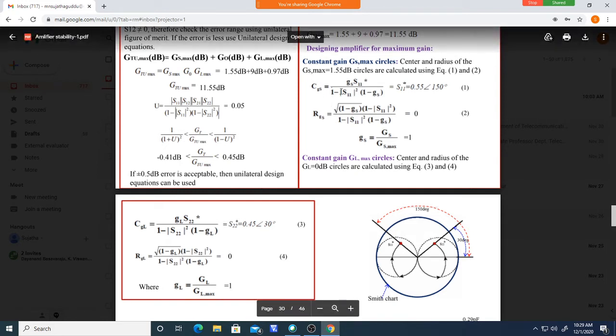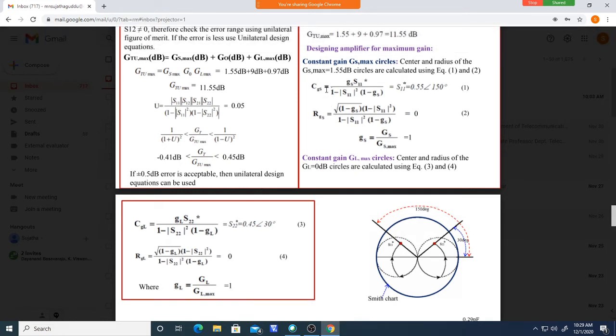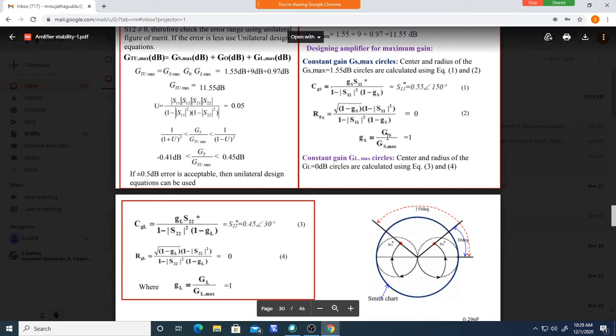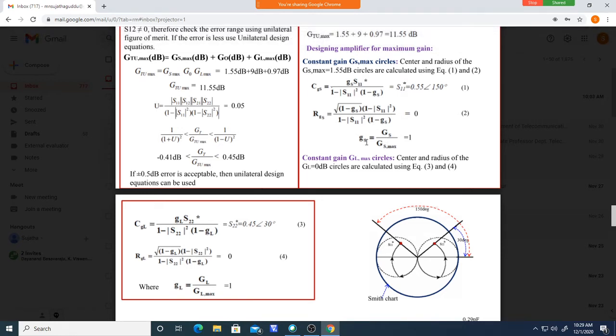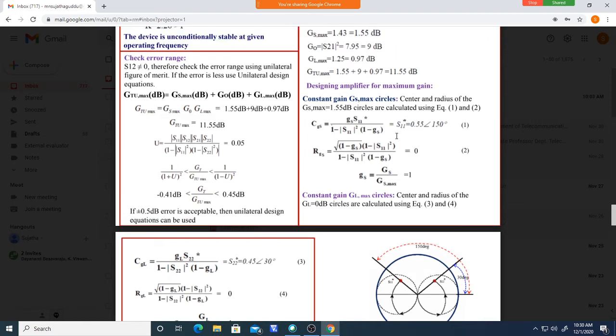To calculate the input gain circle center and radius, we need small GS, the normalized gain. What is the expression for this? It is GS divided by GS maximum. In the previous problem, we knew this GS and GS maximum. But what is GS in this present case?